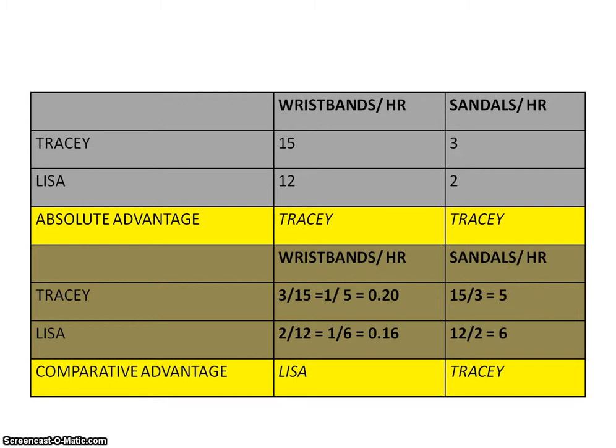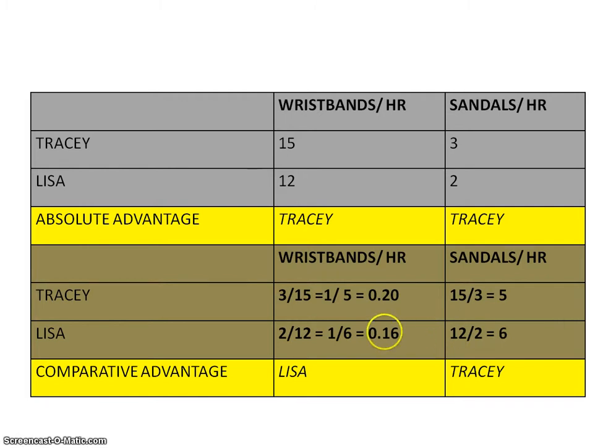However, Lisa incurs an opportunity cost of 0.16 for every wristband that she chooses to produce, and with regards to sandals, an opportunity cost of 6. So she gives up 6 wristbands for every sandal that she chooses to produce.